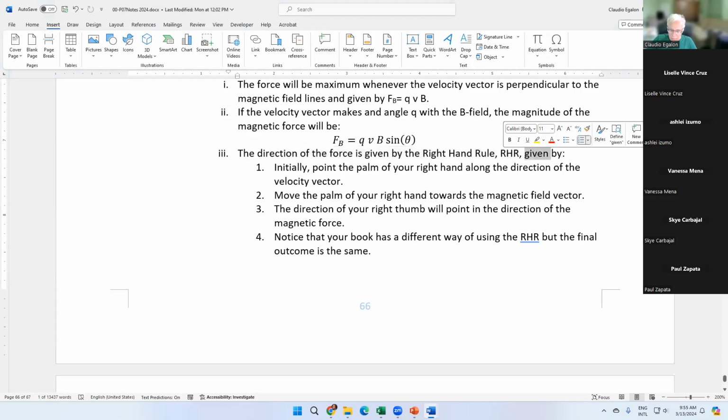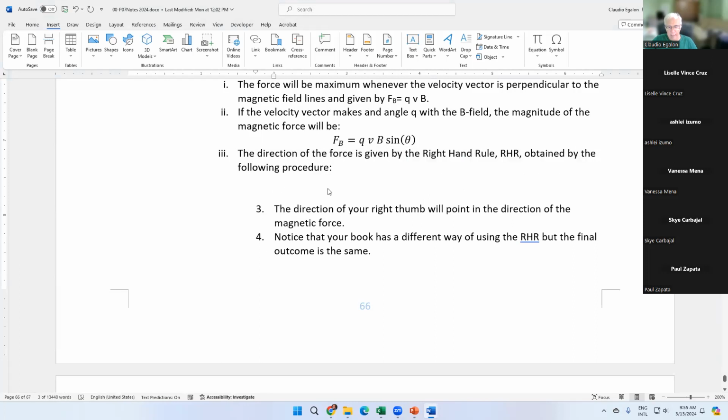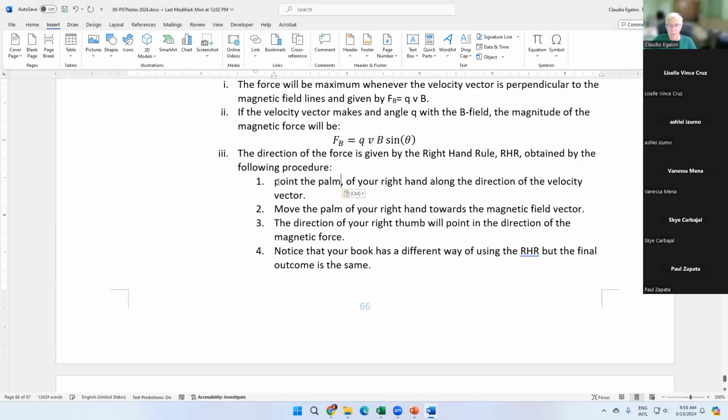It is obtained by the following procedure. Point the palm of your right hand along the direction of the velocity vector.